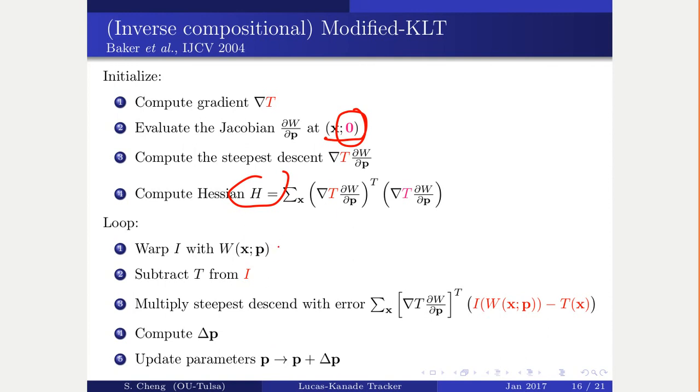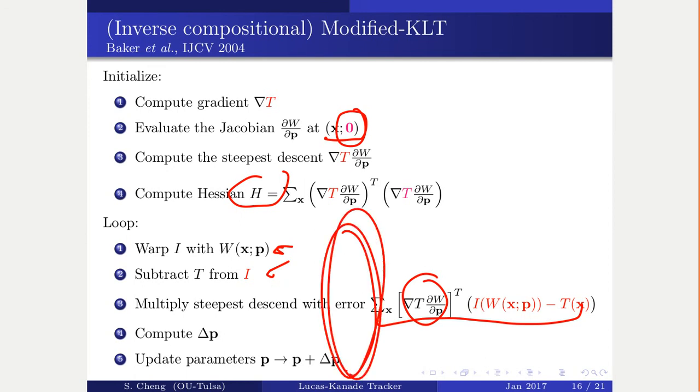Basically, warp the image by p, subtract T from I, and then compute this expression here. Note that this here is fixed, so we don't need to recompute it. Then we compute delta p as this guy multiplied by the inverse Hessian. Again, the Hessian does not change. Then we update p and just repeat these steps.